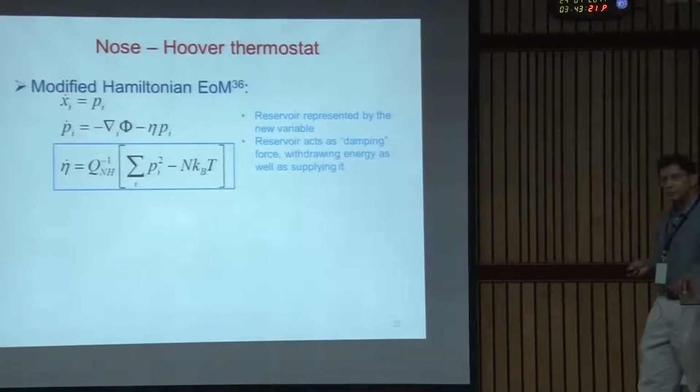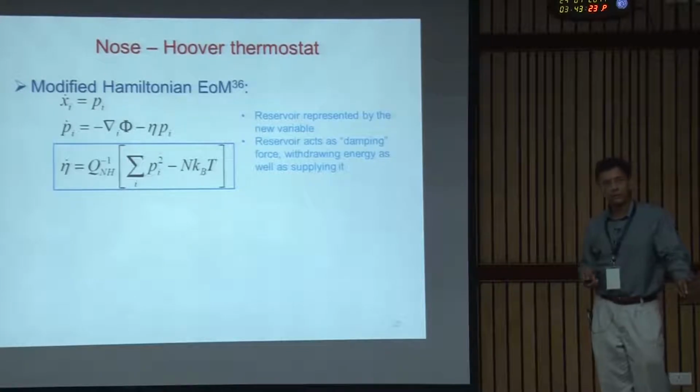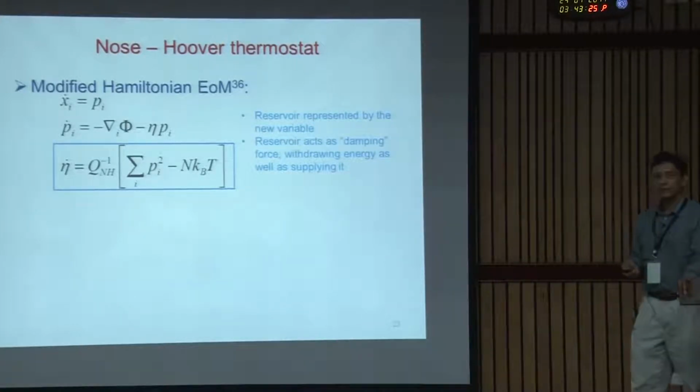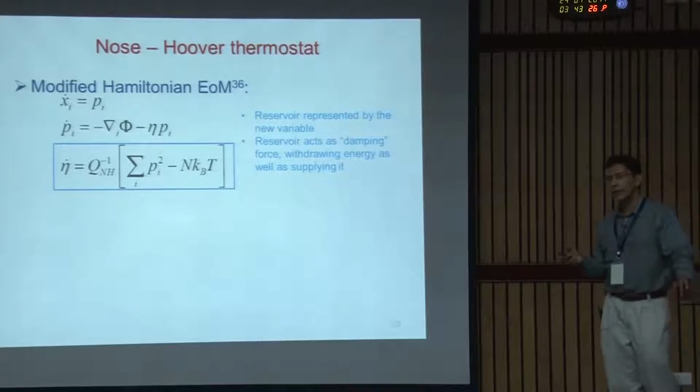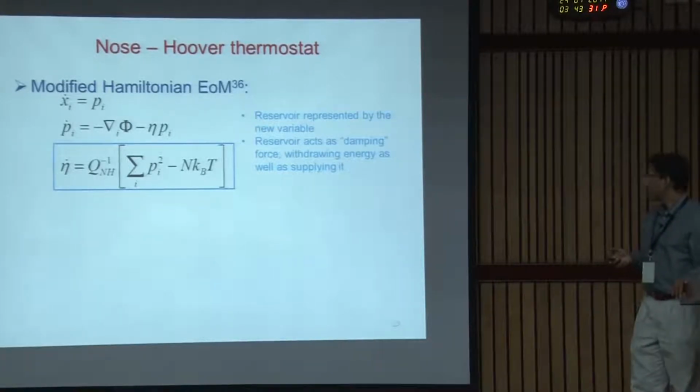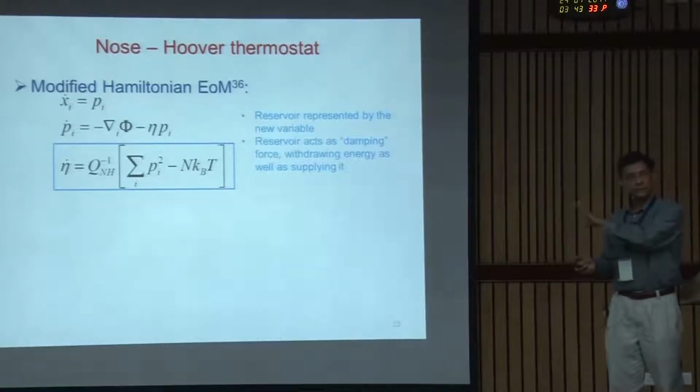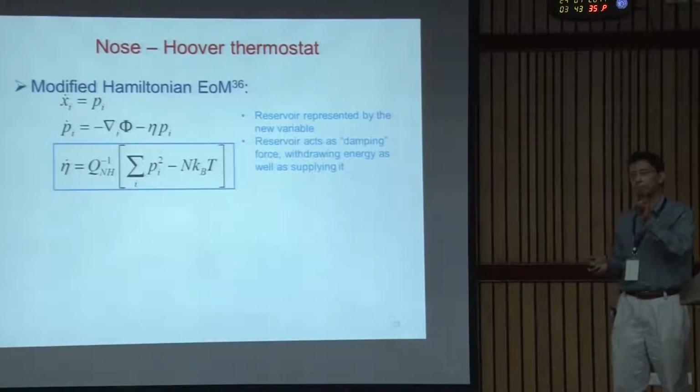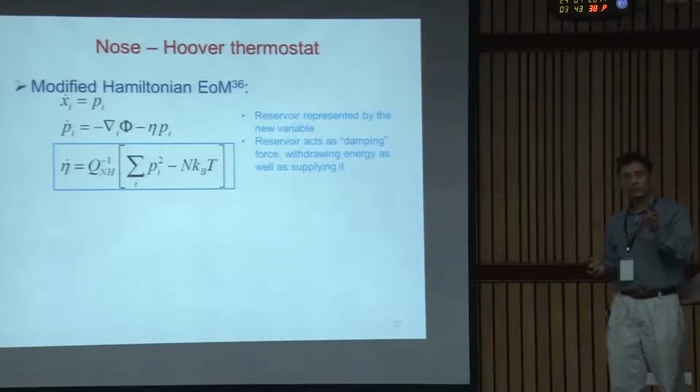he proposed a brilliant solution of the Hamiltonian of the combined reservoir and physical system set, and the 6n degrees of freedom were there, and he just introduced 2 more variables to represent the reservoir.